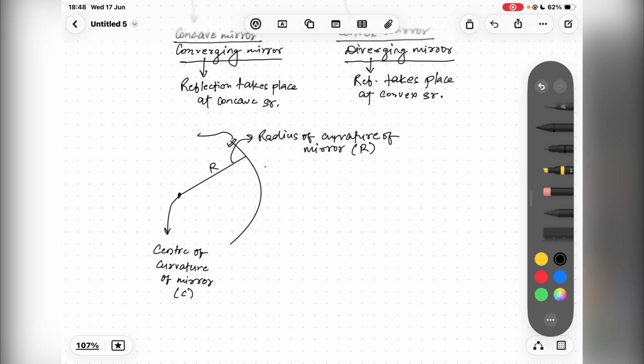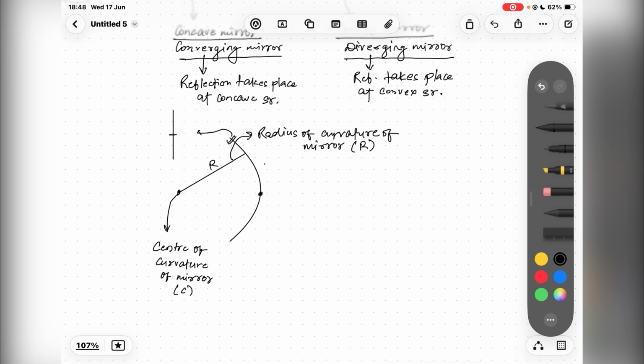If we straighten this mirror, it will look something like this. So there will be a midpoint. This mirror will also have a midpoint, let's say here. This midpoint is called the pole of the mirror and is denoted by P.